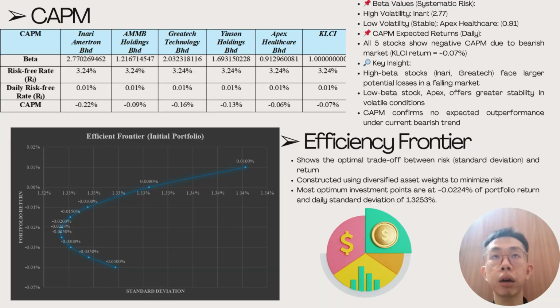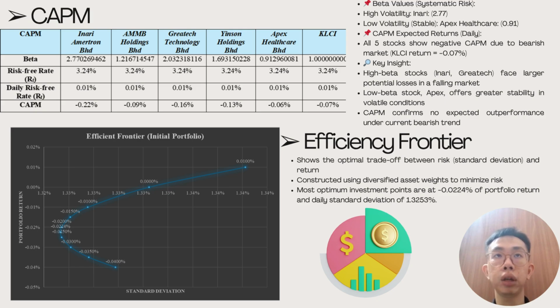Based on the beta we calculate, which is the systematic risk, the highest volatility is Inari perhaps, but the lowest volatility risk is Apex Healthcare perhaps. For this result, we calculate the CAPM, and the five stocks show a negative CAPM due to the bearish market.